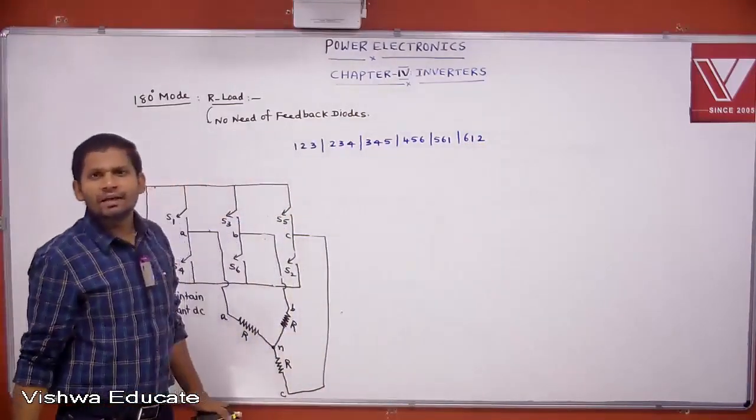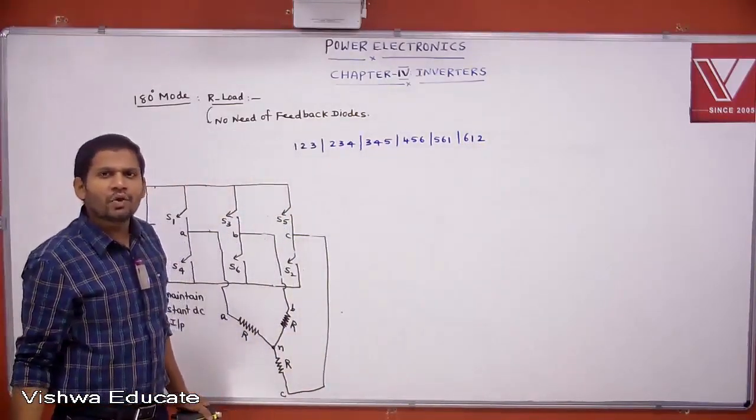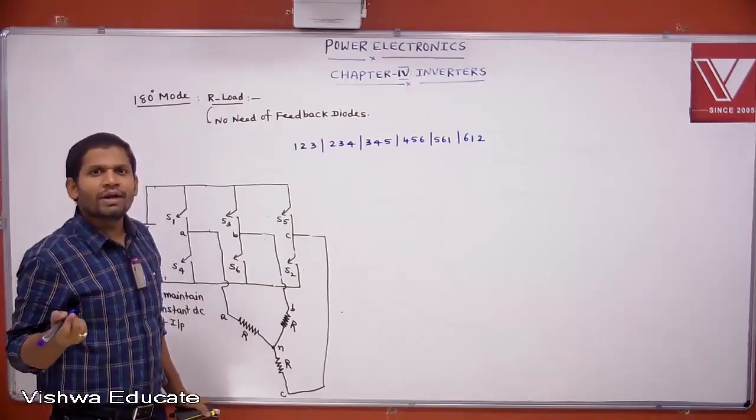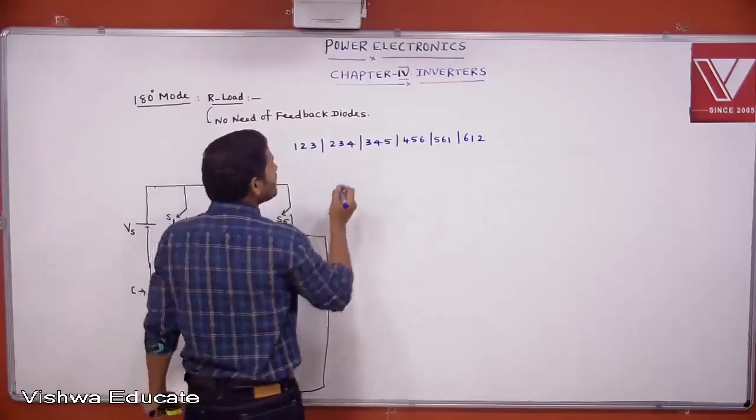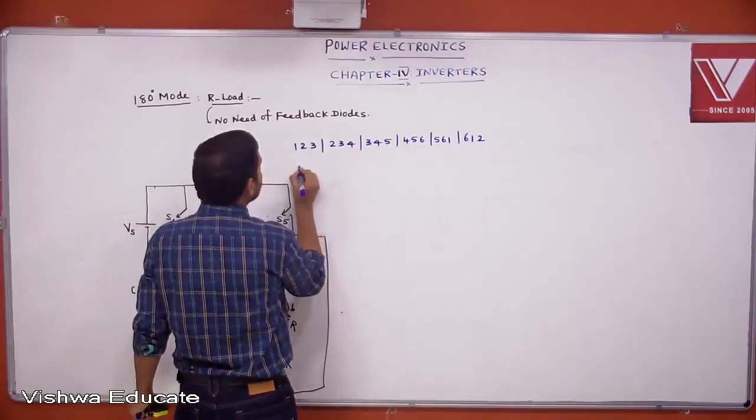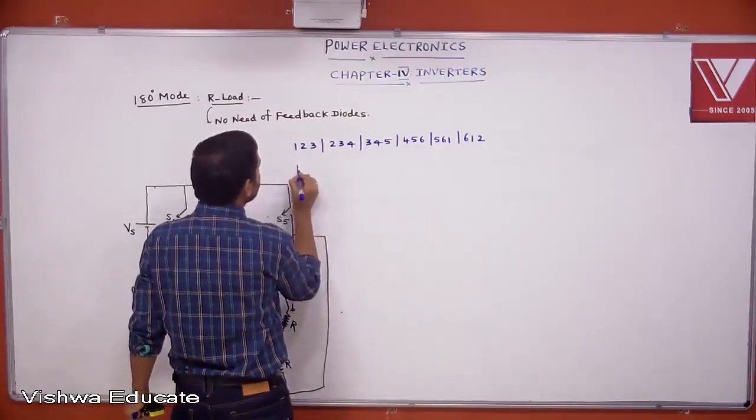In one cycle, if the conduction of devices is allowed like this, then it is called 180-degree mode of operation. This total is one cycle.